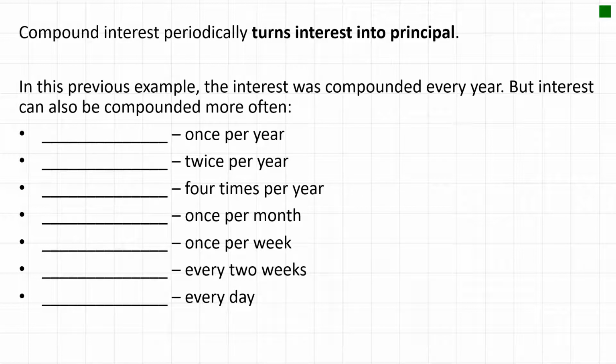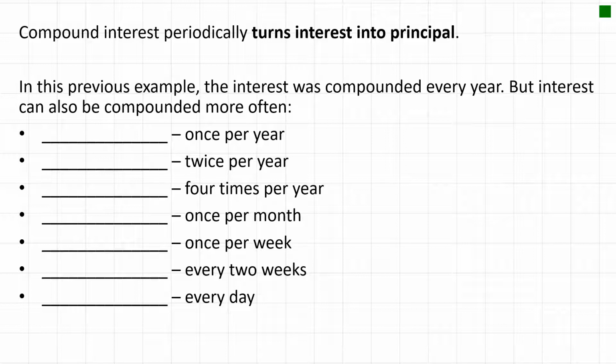It reinvests that interest that's been earned back into the principal so that now that principal is higher and the interest is calculated based on that new higher principal. And how often this happens can vary. In the previous example, the interest was compounded every year, but interest can also be compounded more often than that.